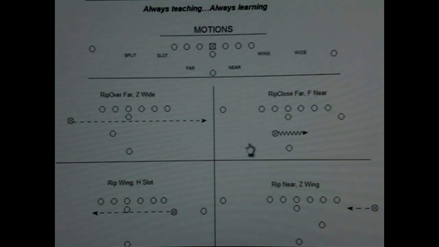But that's where we want the person to be. That's where he's going to be when it's time to snap it. All right? So here's this. I'm going to do one more. I'm going to show you one more picture of all this. I'll go to a blank sheet, I'll set it up, and I'll show you how we could take one formation and all the different ways we can get to that formation with motion.